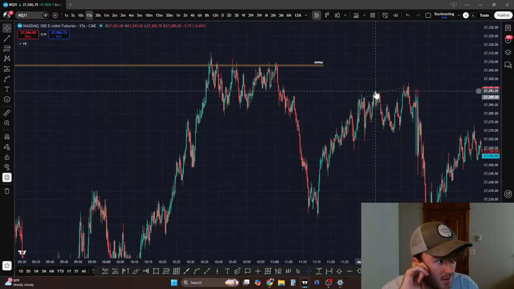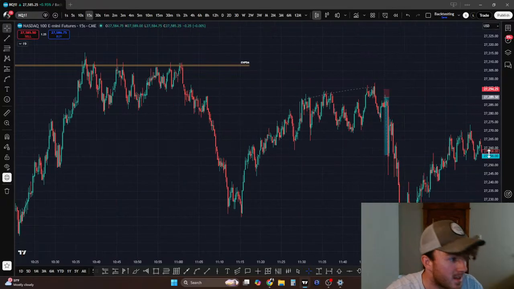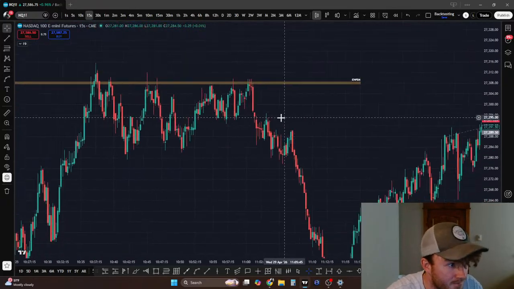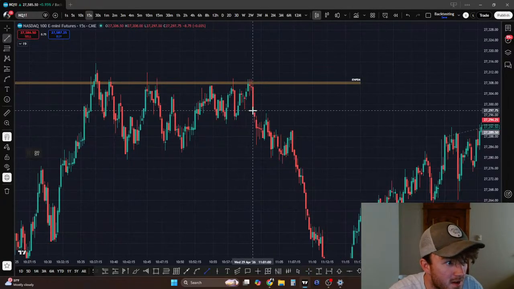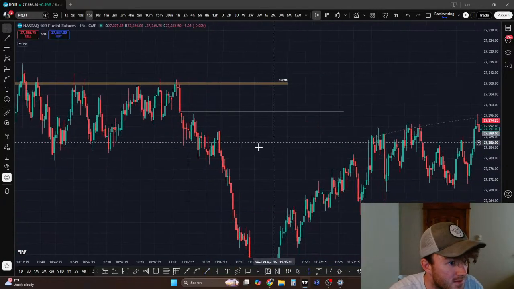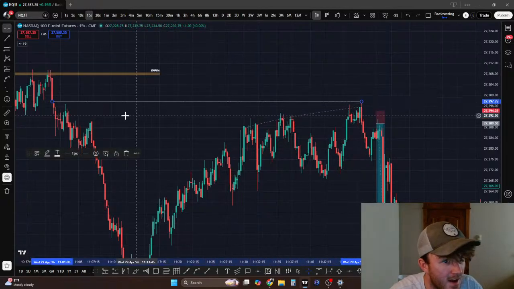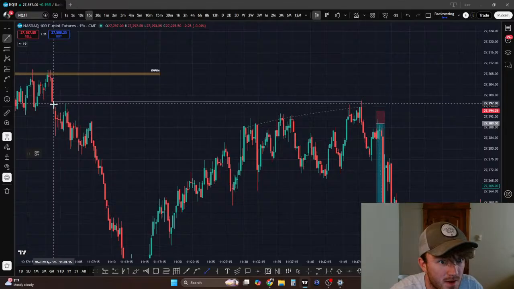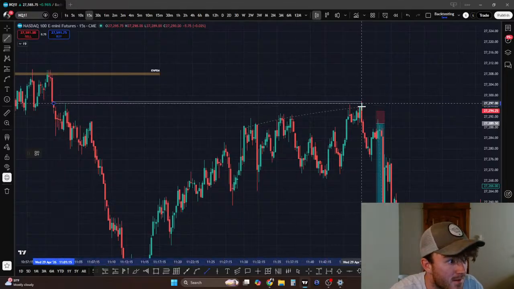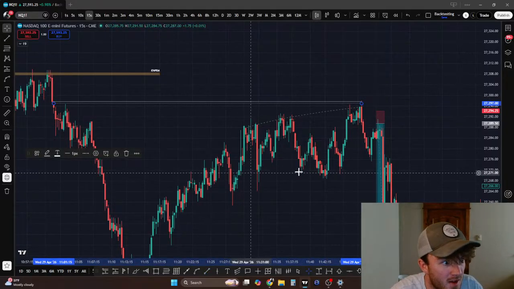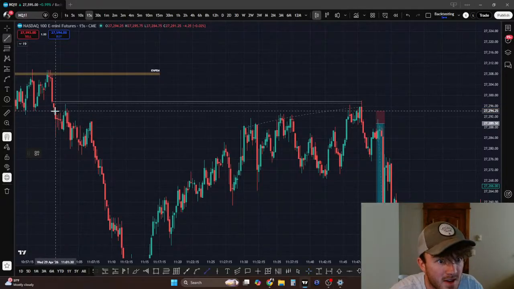High 1, 2, 3, and then I noticed that we had a really nice suspension block right here. I was like, dude, that looks like it's gonna be the high of the model, right? So I saw that. Okay, suspension block there.